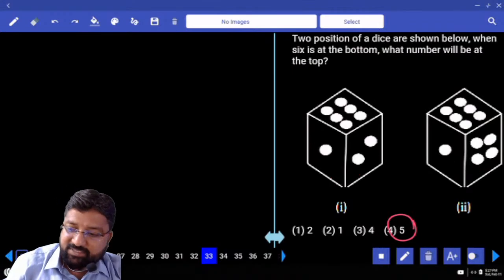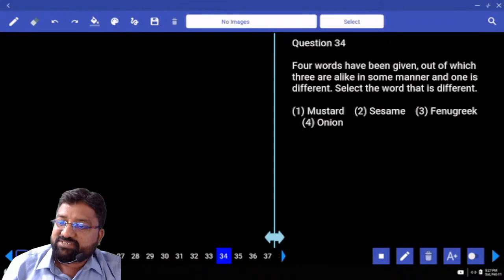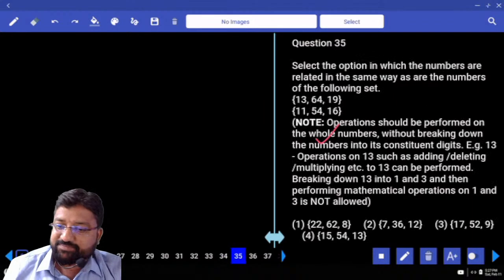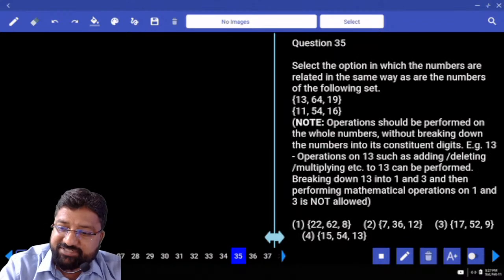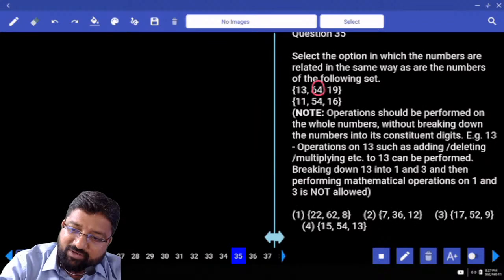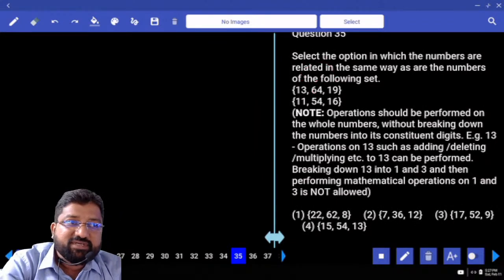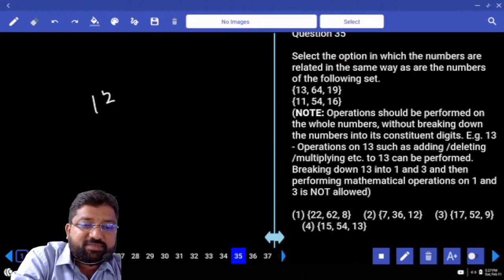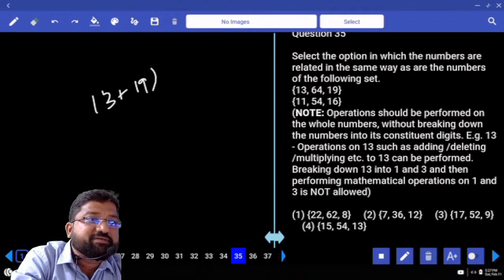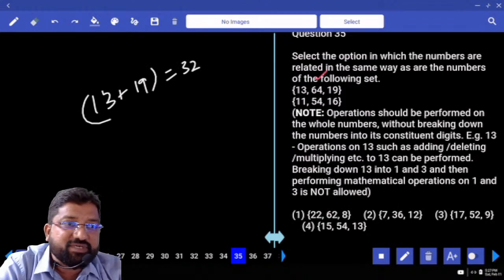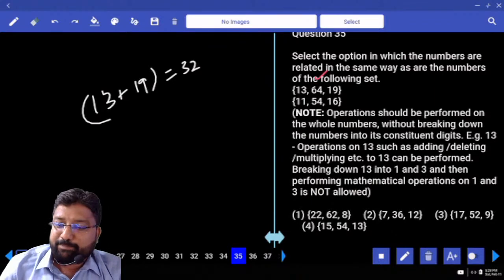Clear? Yes. Next one. Mustard, sesame, fenugreek and onion. What's your answer? Onion. Look at this number 64. What I tell you is wherever there is a highest number, always concentrate on the smaller numbers. 13 plus 19, 2 times 32. 11 plus 16, 27, 2 times 27, 54.